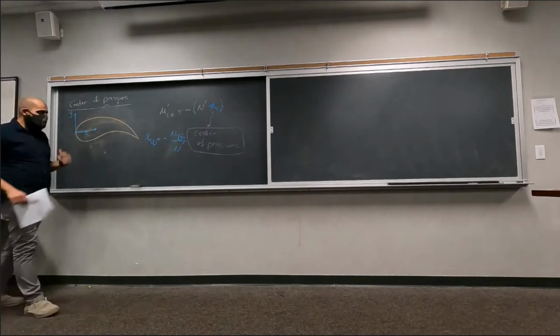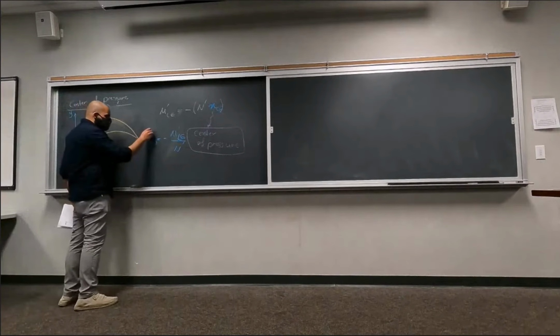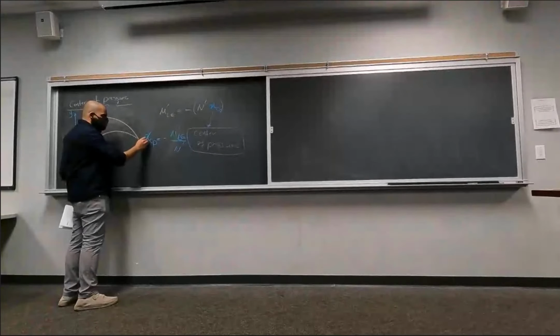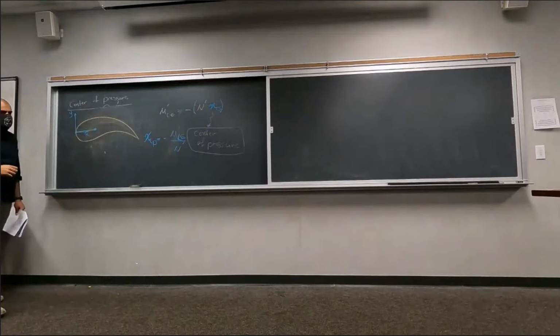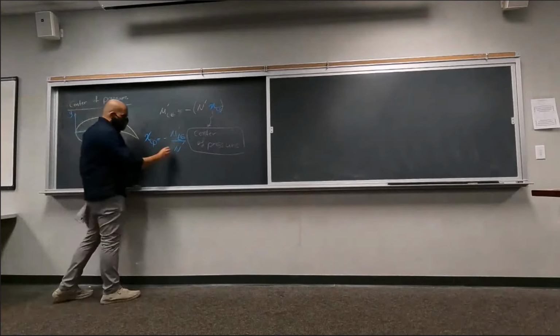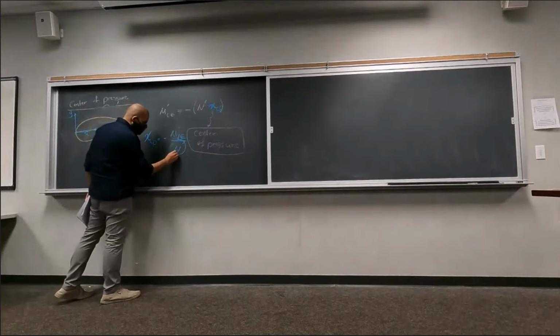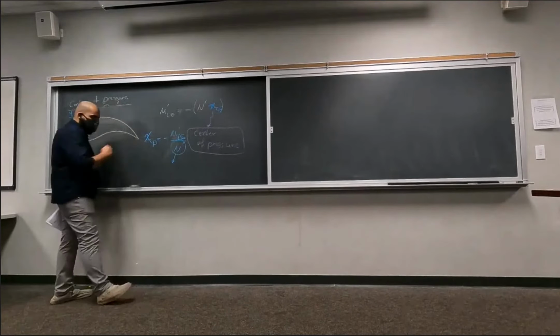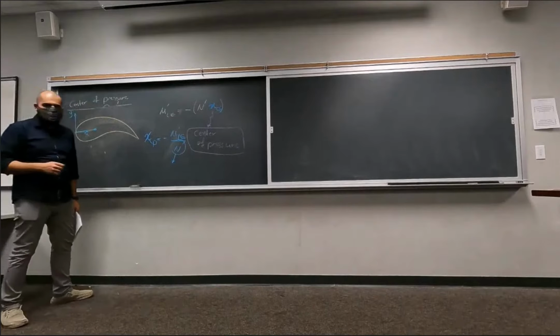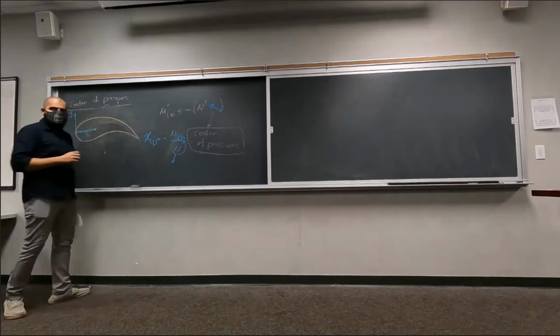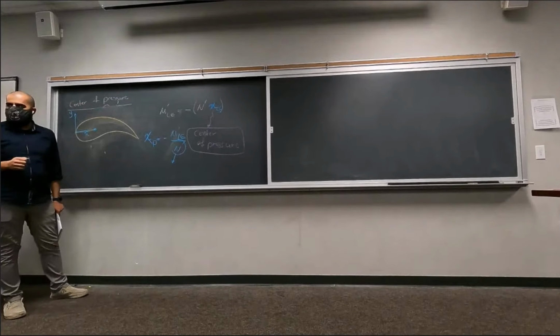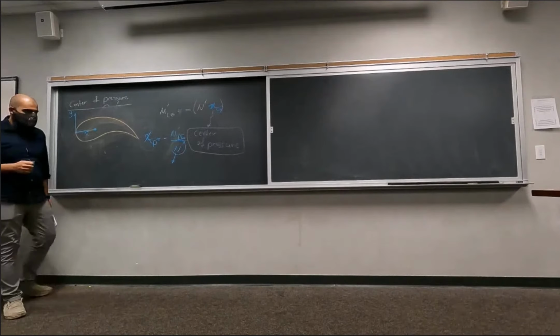Okay. So why is the center of pressure not a very useful concept when it comes to general aerodynamic analysis? It's because if you decrease this force, what is going to happen to your center of pressure? It is going to change.